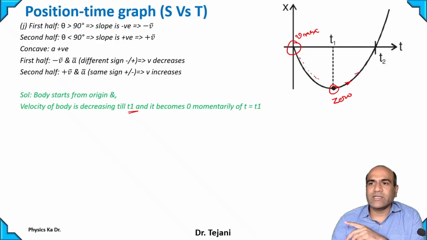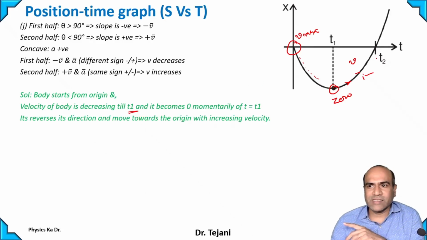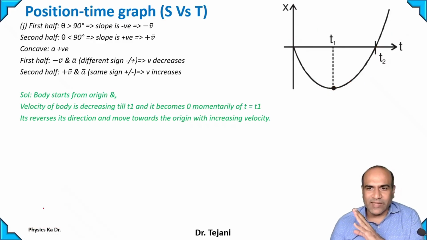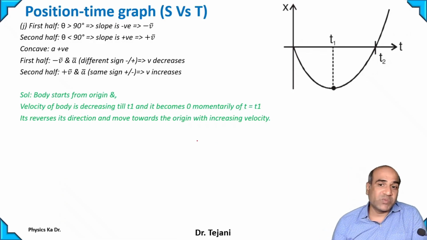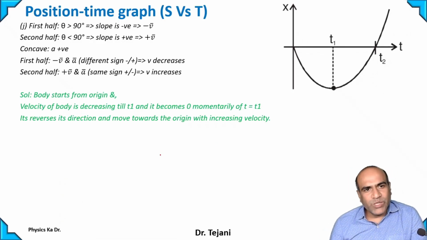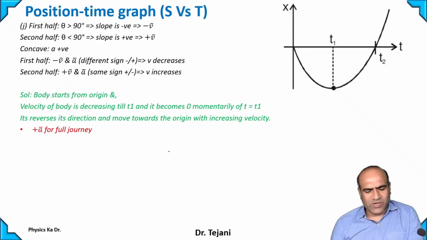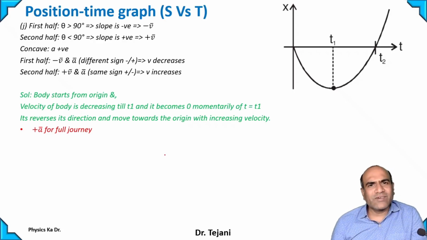Then velocity increases, and here it is maximum velocity. Don't get confused with the positive and negative side, otherwise you will have a huge problem. Repeat the session again and again, then only you will be able to understand. And acceleration is always positive. It is like a reverse gravity kind of phenomenon.